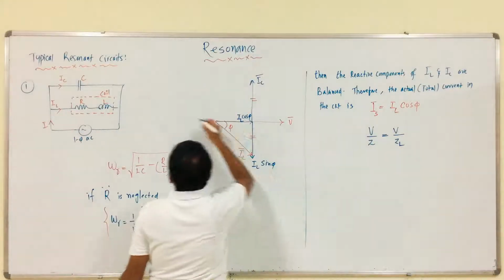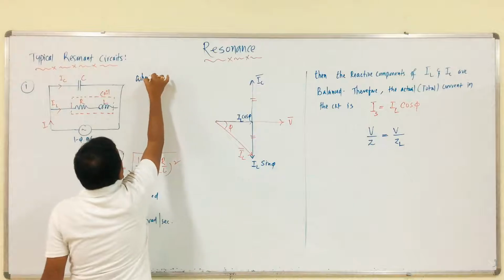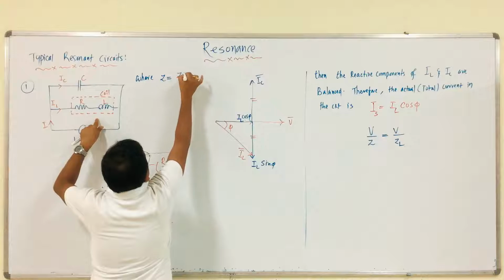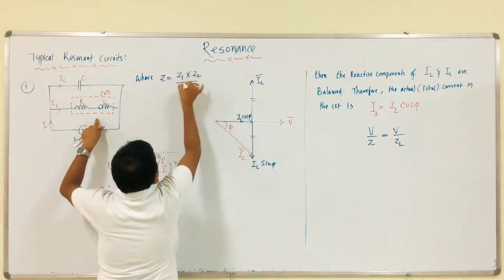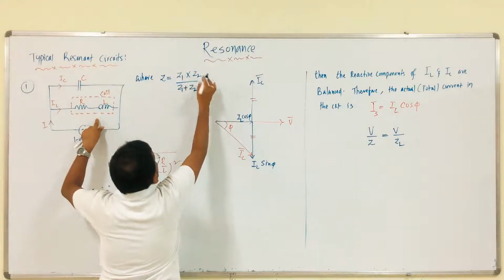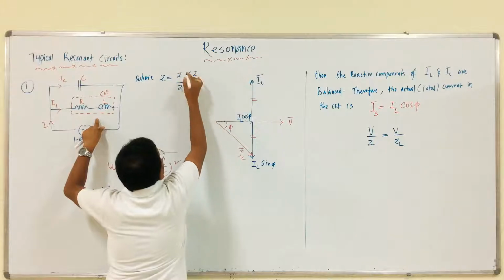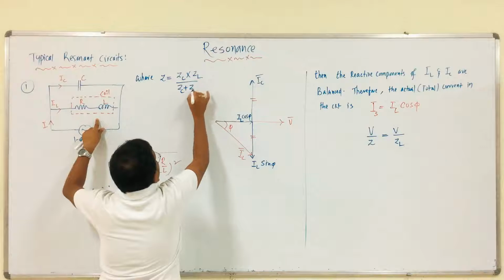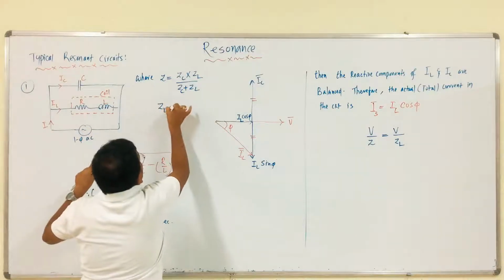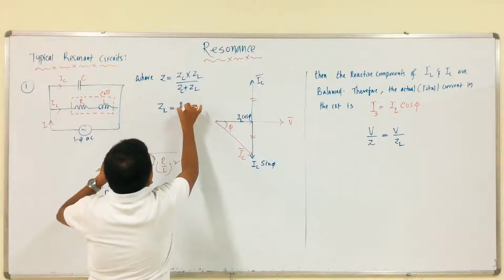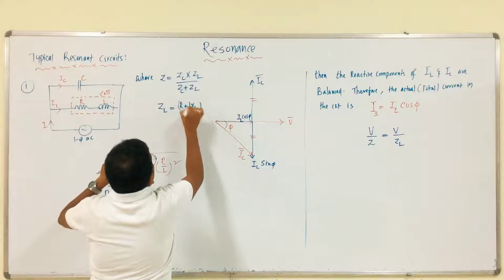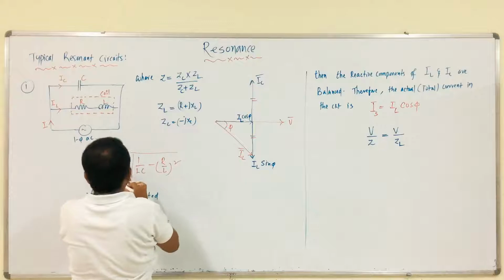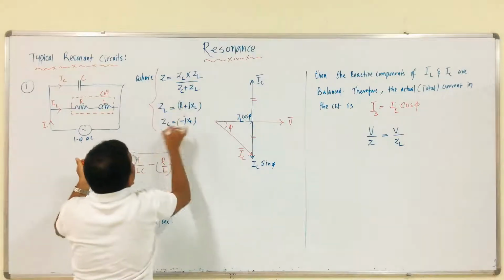Z = Z_C Z_L / (Z_C + Z_L), where Z_L equals R + jX_L, and Z_C equals −jX_C. That is it. This is the basic difference, right?